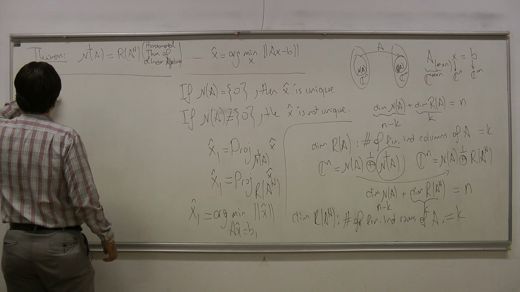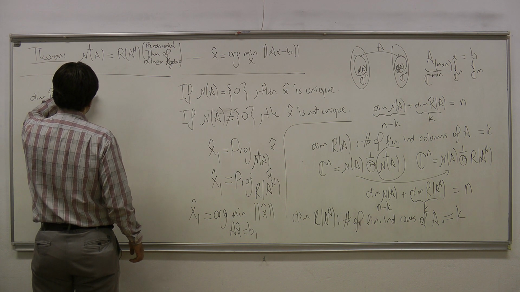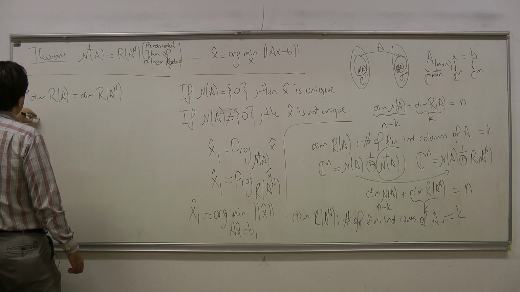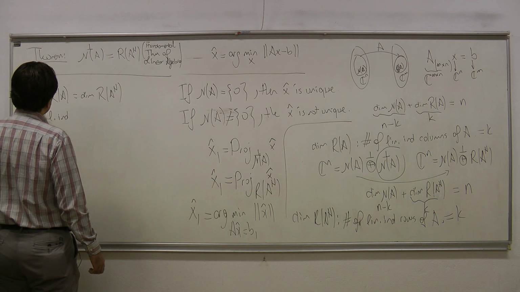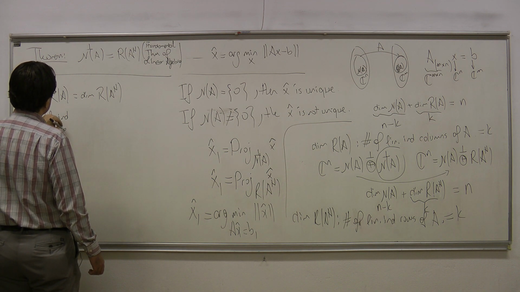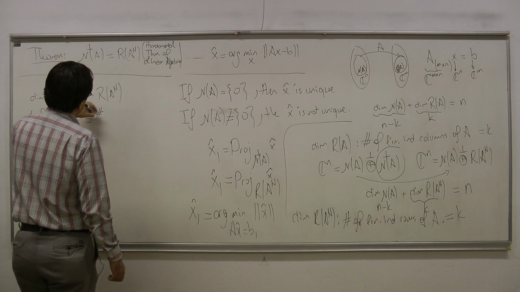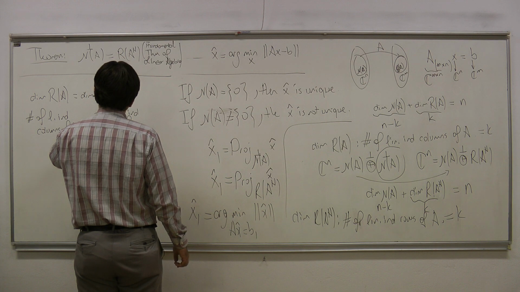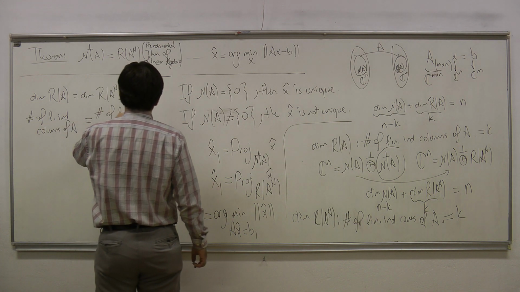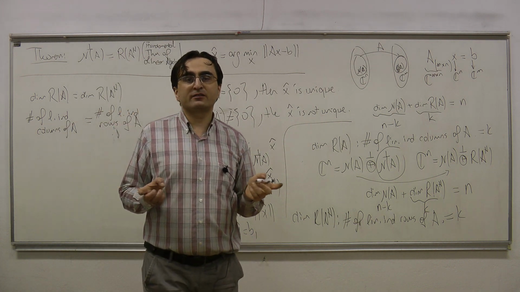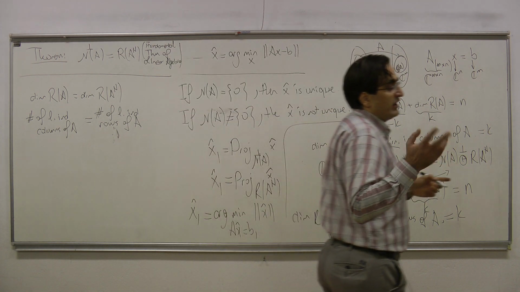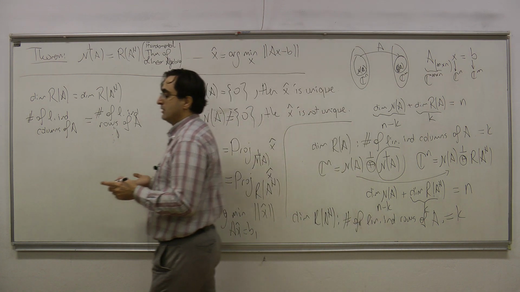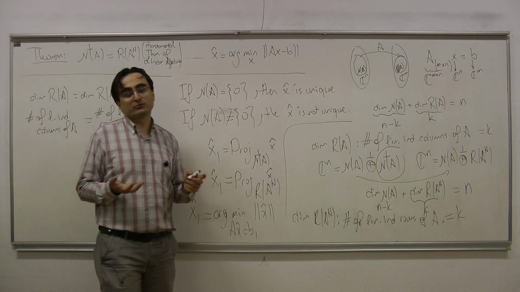Dimension of range space of A is equal to dimension of range space of A Hermitian. What does this tell us? Number of linearly independent columns of A is equal to number of linearly independent rows of A. It is really a magical result. If a matrix has k linearly independent columns, it should at the same time have k linearly independent rows.